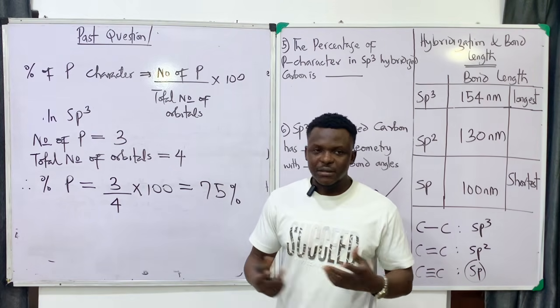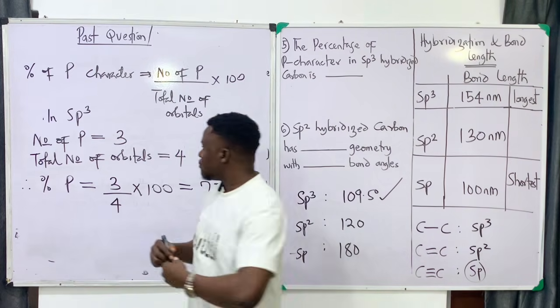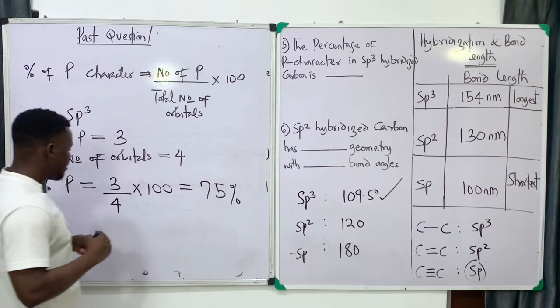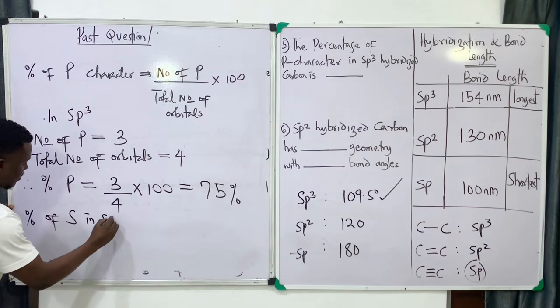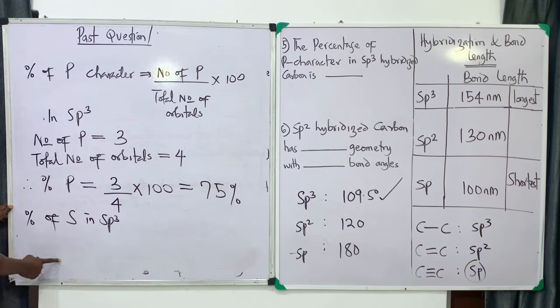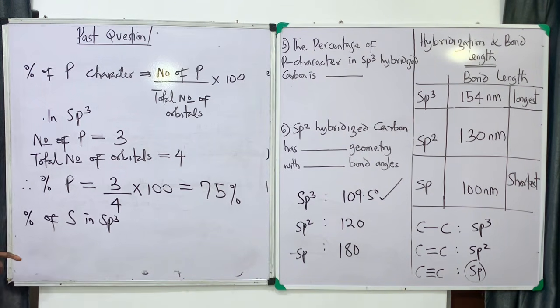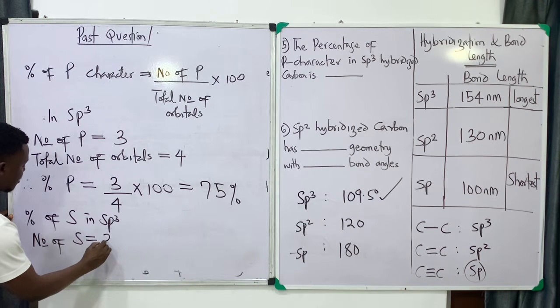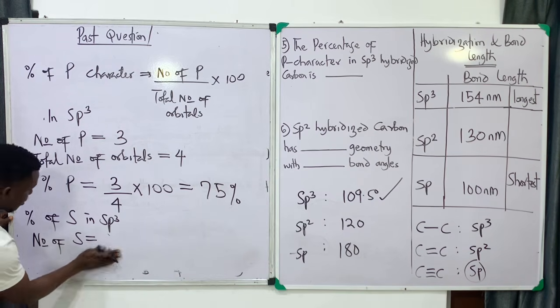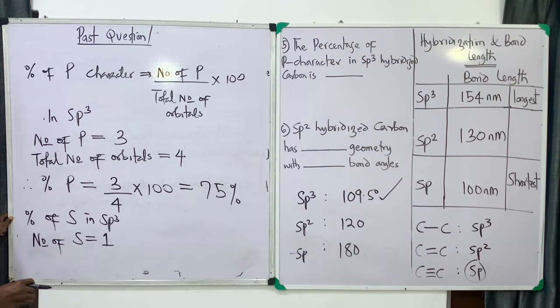be it s character or be it p character. Now, what if they had said percentage of s in sp3? We would have said number of s orbital is equal to 1.